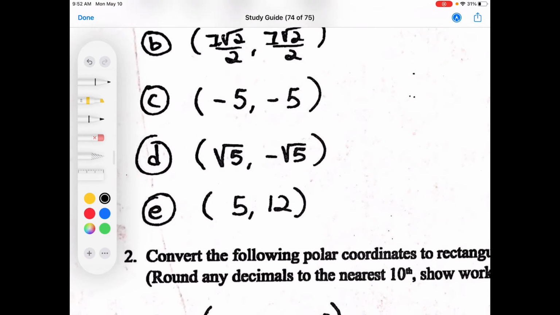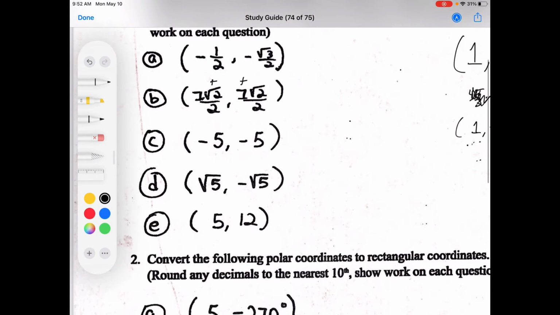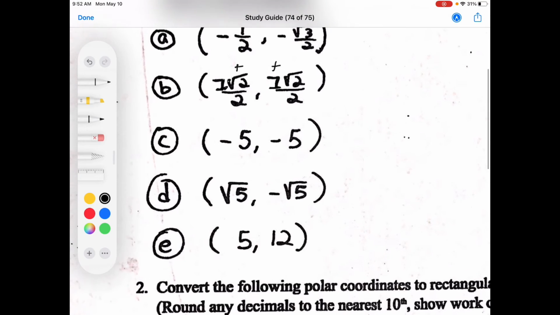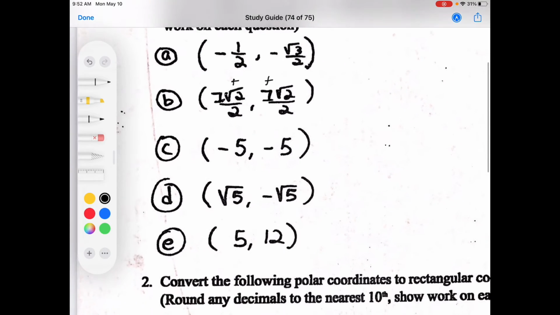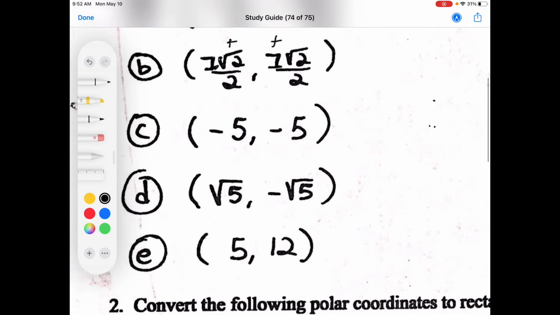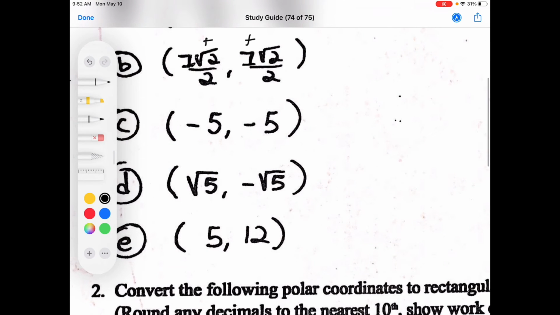Okay, number 3, remember I told you 1 through 4, or A through D, you can find on the unit circle. 3 and 4 both have the same value for x and y. And if you remember back on your special right triangles, if you have a side length that's the same, or the legs are the same, then that's a 45, 45, 90 triangle, and your hypotenuse will be that leg times √2. And so that's what this is.